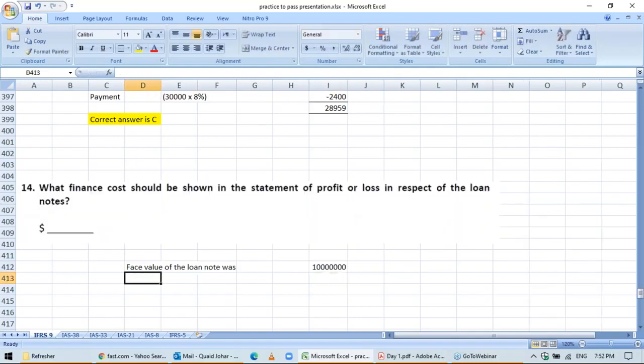The answer is required in dollars, so I have taken it as 10 million. Then deduct issue cost from it. The issue cost is 400,000, which should be deducted, and this gives you the net cash received. So the liability will always be recognized as net cash received when you are accounting using the amortized cost method.